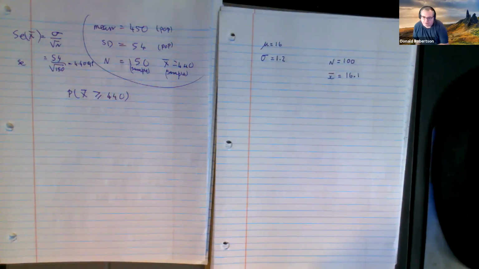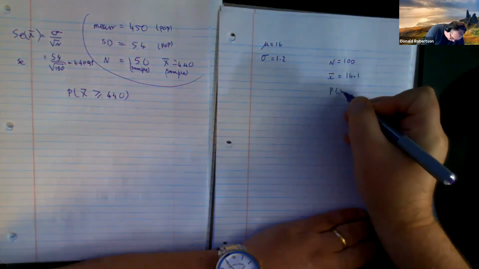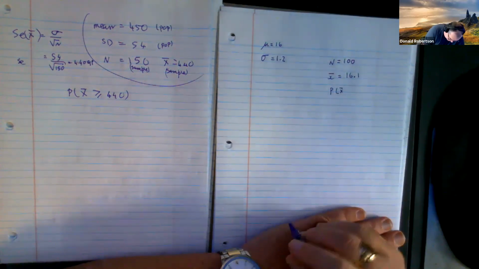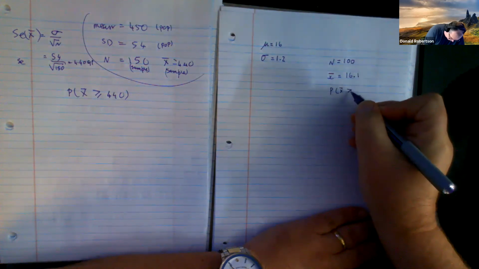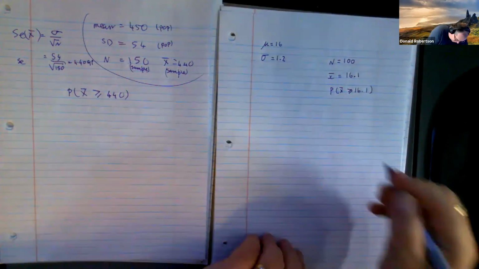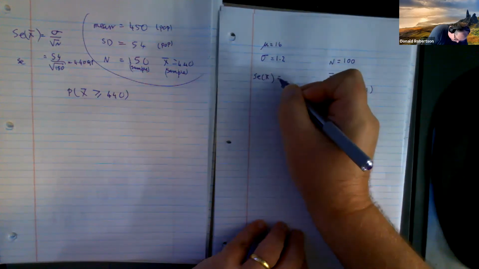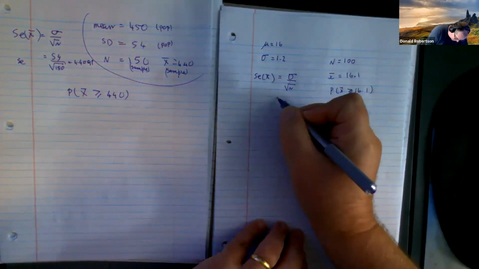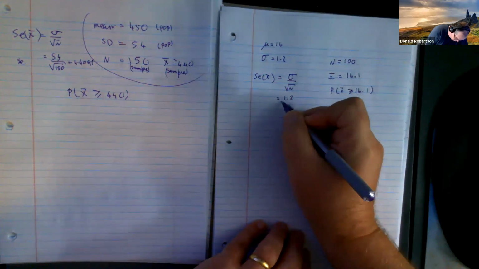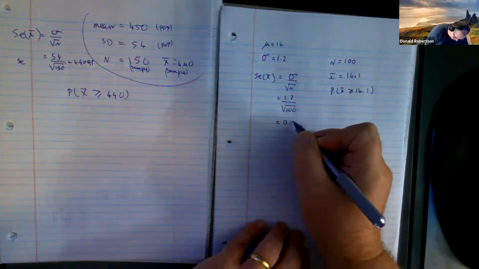And we want to know what's the chances that you get a mean bigger than or equal to 16.1. The standard error is going to be sigma over the square root of n. It's going to be 1.2 over the square root of 100, which is 0.12.